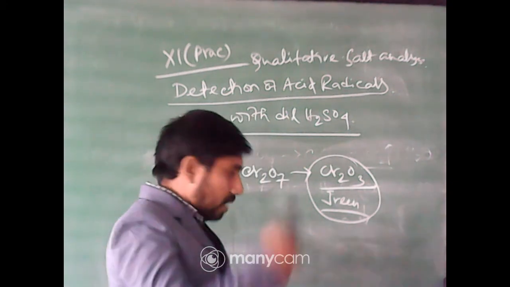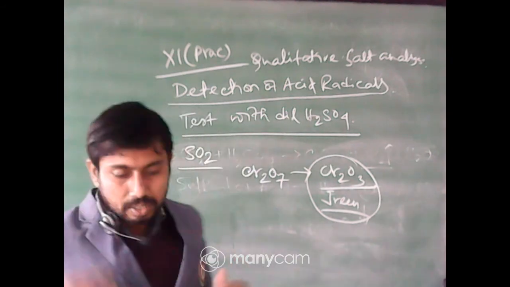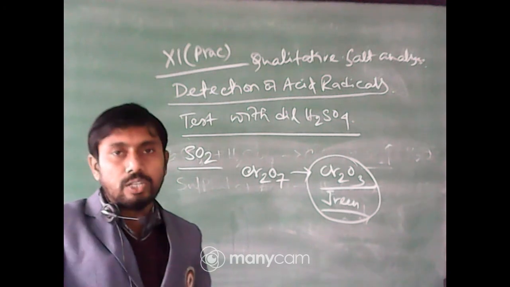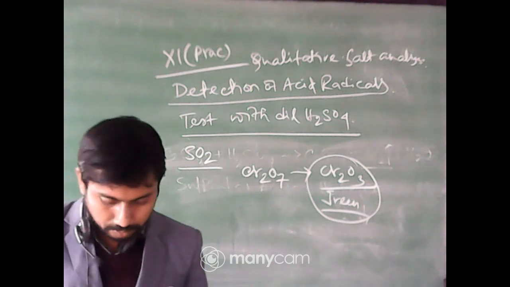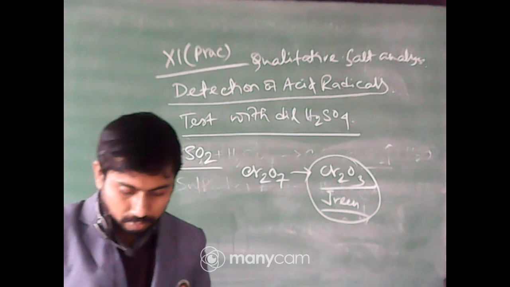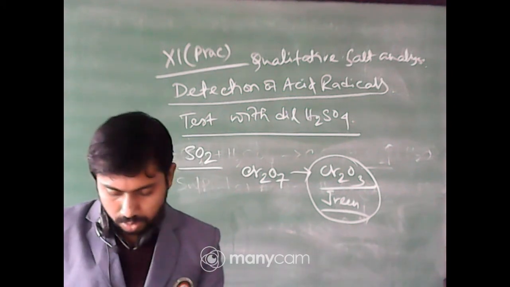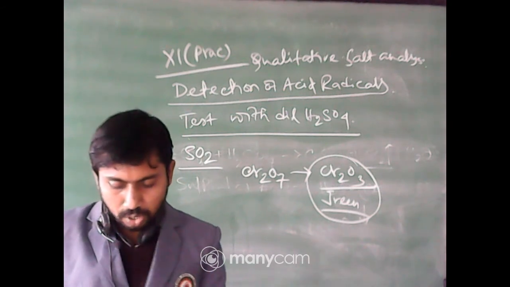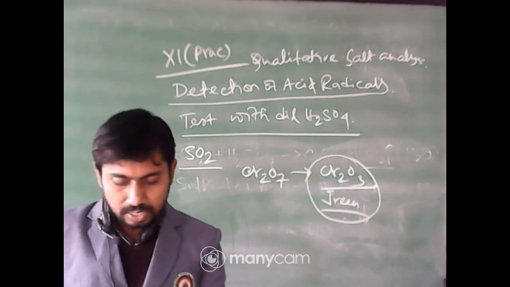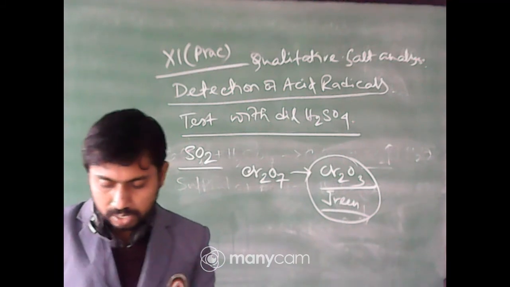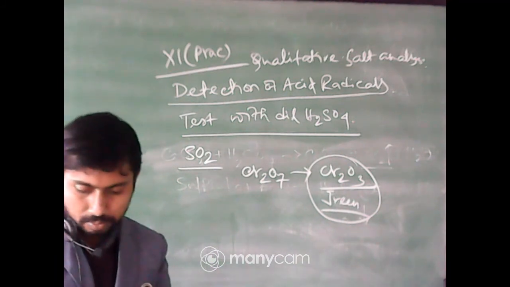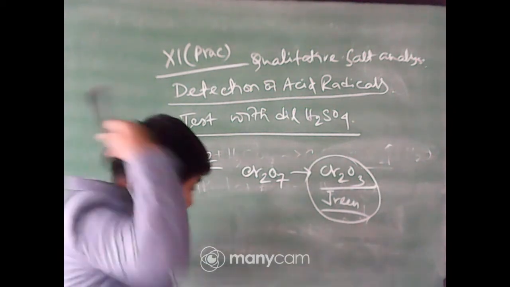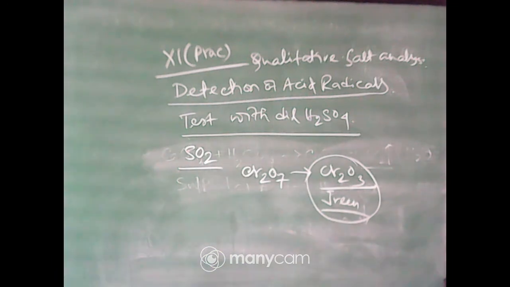Okay, now for nitrite also, taking the sample in a dry test tube, dilute H2SO4 should be added, just to check whether any gases are evolving, any color changes, etc. For this, this test tube will be taken near the camera.